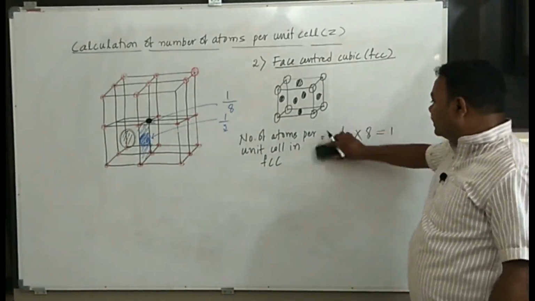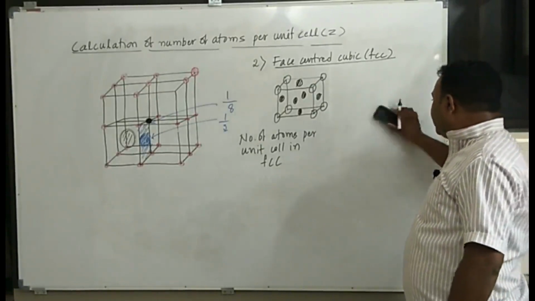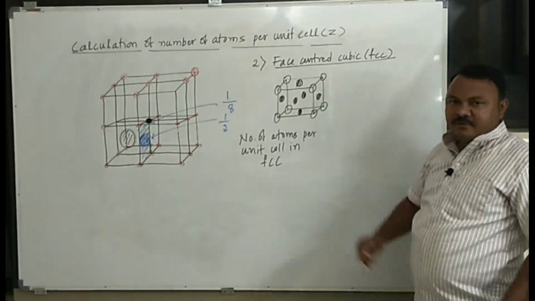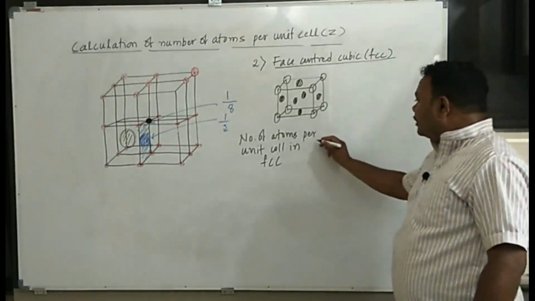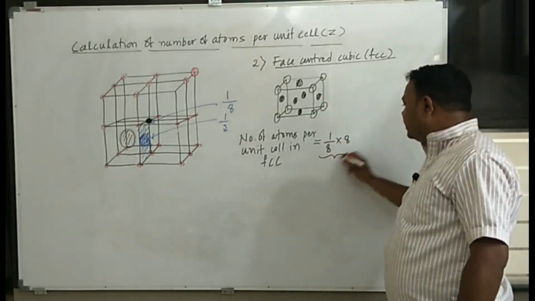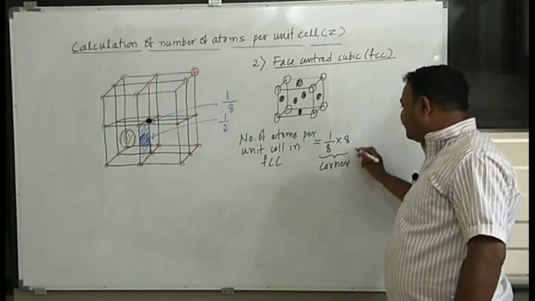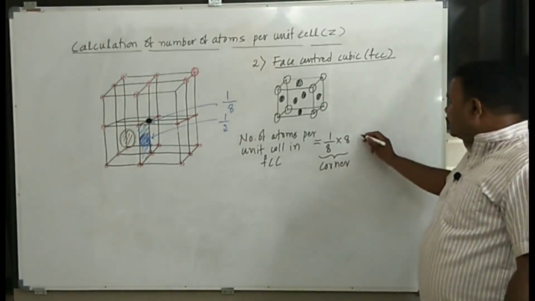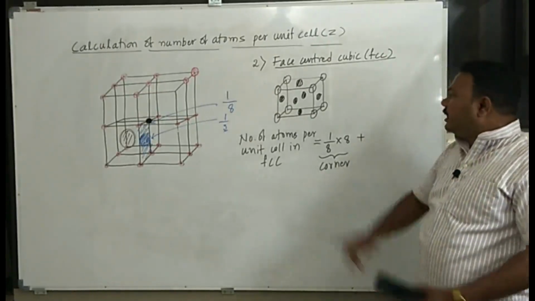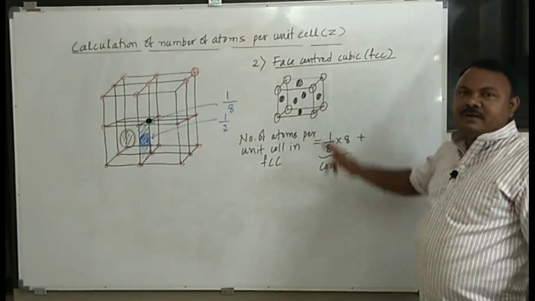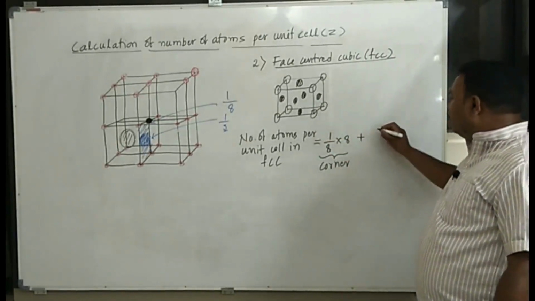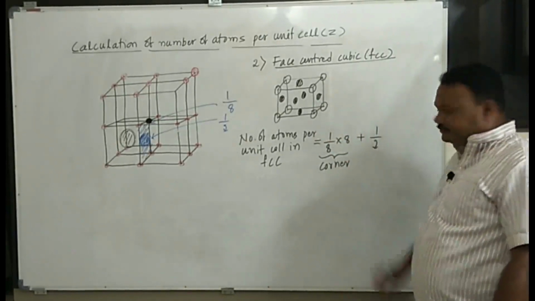Now just look at the calculation. We have to take 2 contributions. One is the corner contribution, another is the face-centered contribution. Corner contribution remains the same, it's 1 by 8 into 8. Now I have to add the contribution made by the face-centered atoms. Every face-centered particle gets equally shared by 2 unit cells. Therefore, the contribution of one particle for one unit cell is 1 by 2.